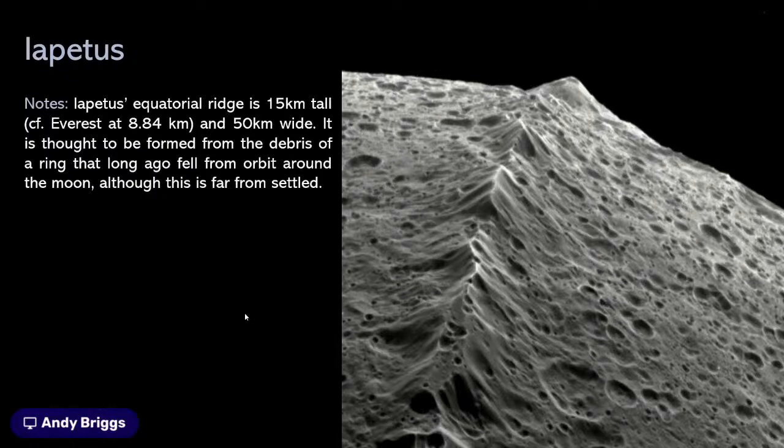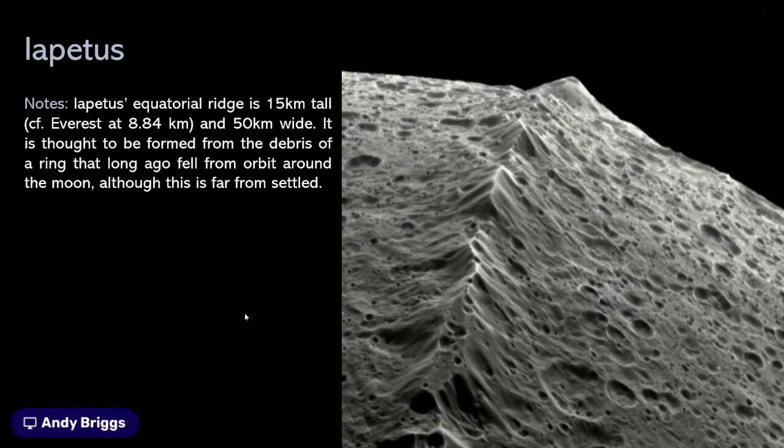It's thought to be formed from the debris of a ring that Iapetus once had that actually collapsed onto the planet, forming this ridge around the equator. Although I don't think that's settled yet, but I think that's the leading theory, that it's the remains of a ring that collapsed onto the surface, onto the equator of Iapetus.